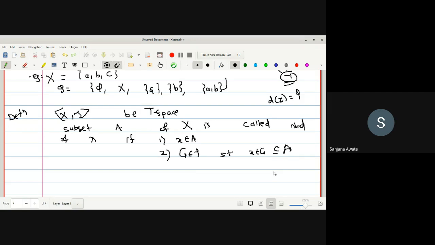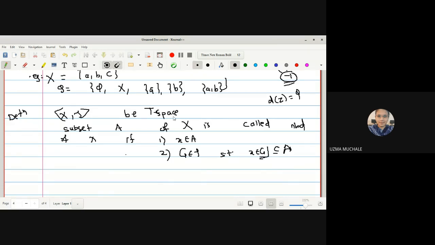Suppose S is a subset of R, the real numbers. S is called a neighborhood of any set A if there exists an open interval containing A or contained in S. So instead of open interval, now it is replaced by the open set. Let X, tau be a topological space.